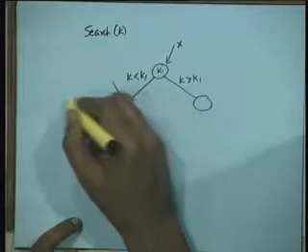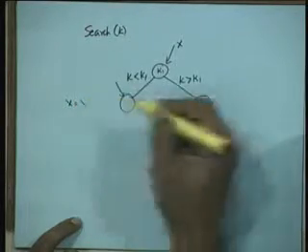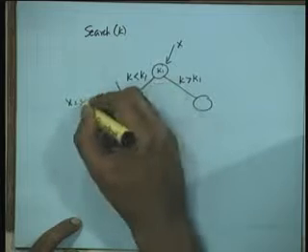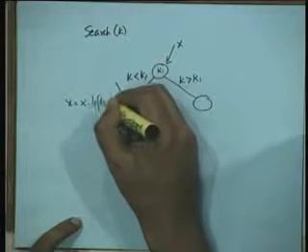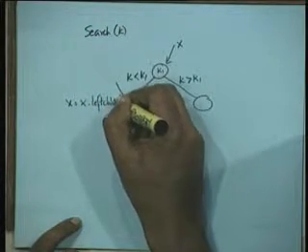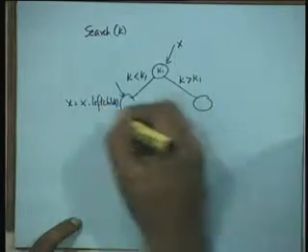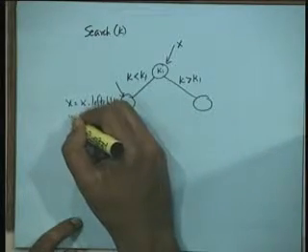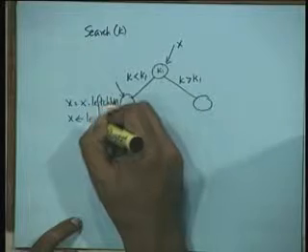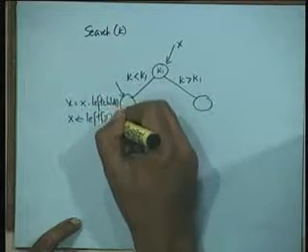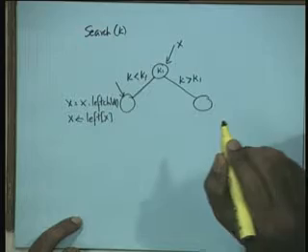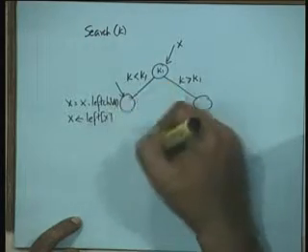So x gets a new value, either x dot left child, or, in the pseudocode I showed you just now, x gets left of x. I can use any one of these. So this is what it gets to, and we continue the search.